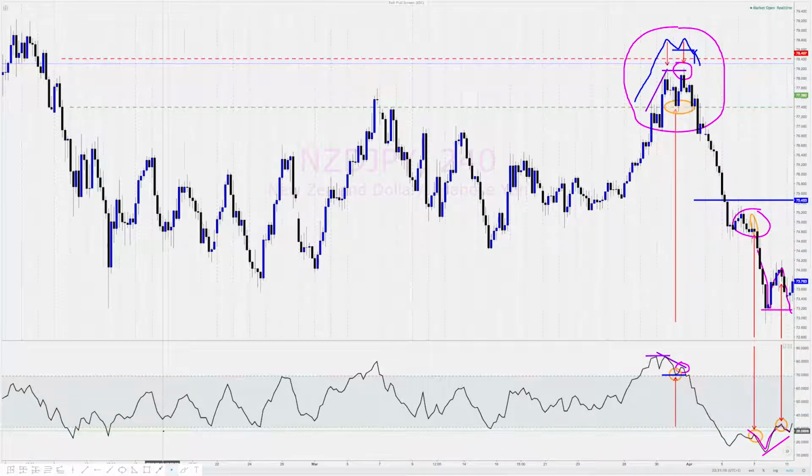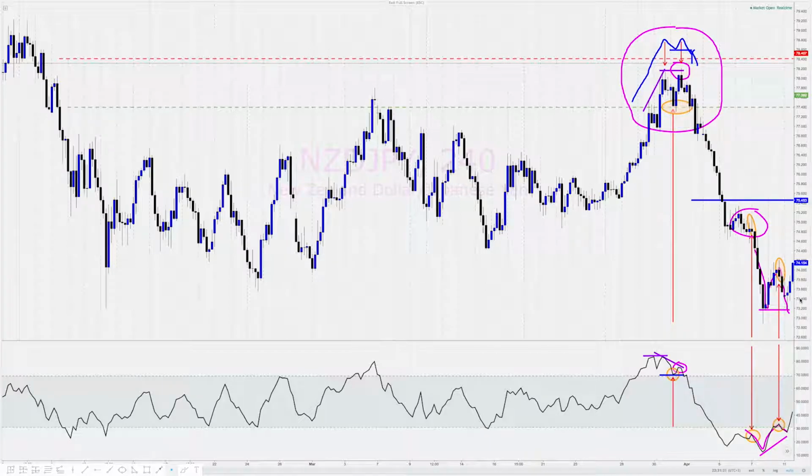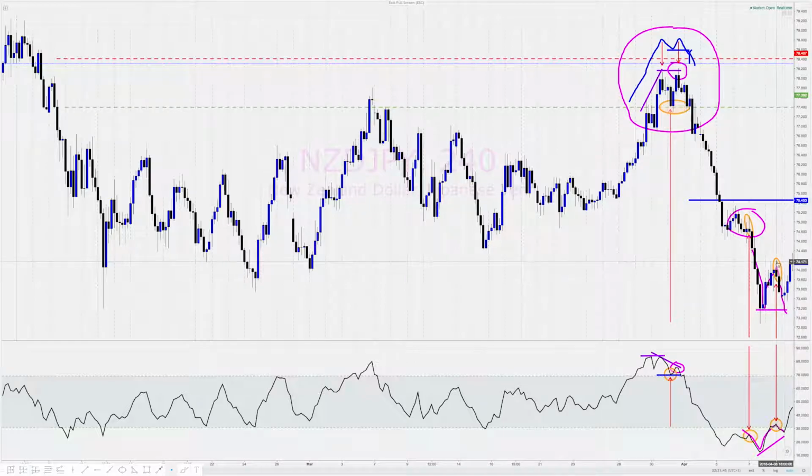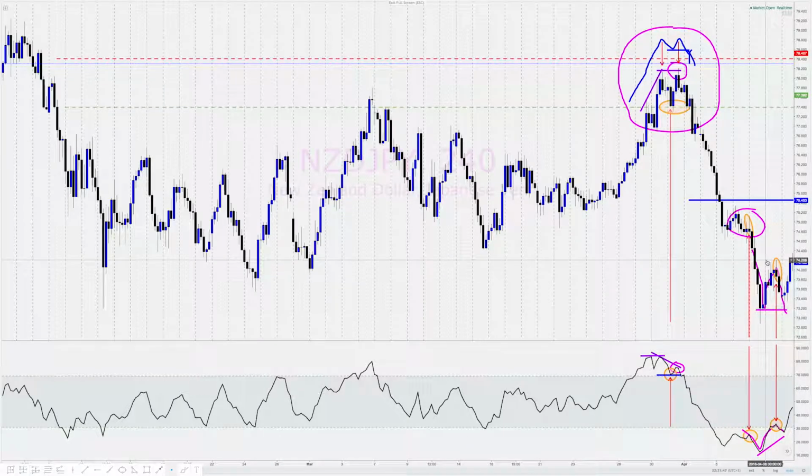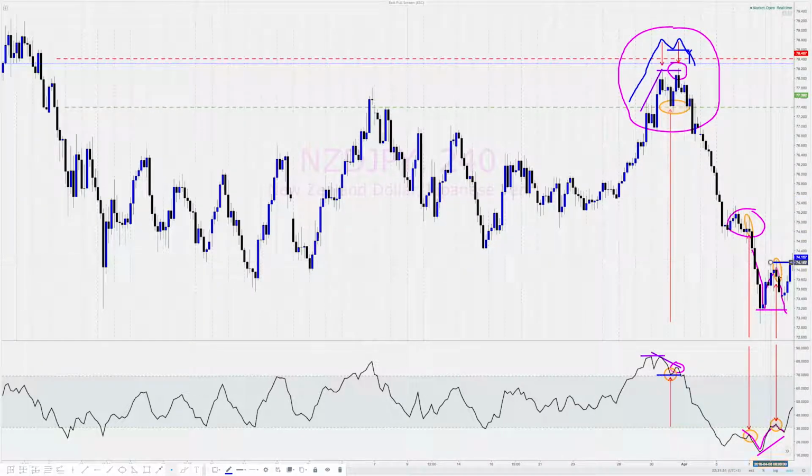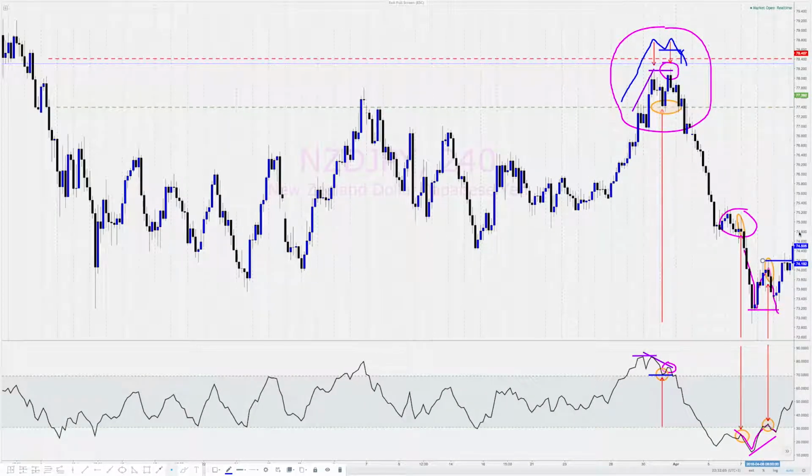So what we're looking for is a break right there, a break of that candle. We have no break. No break and close. Okay? We're up against this structure level.